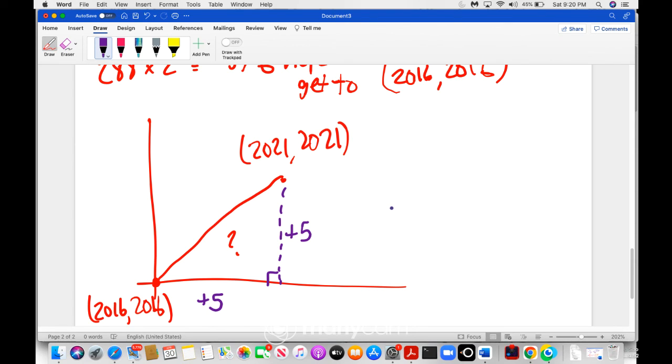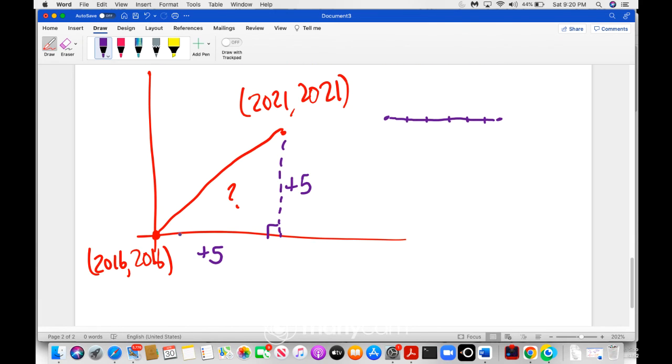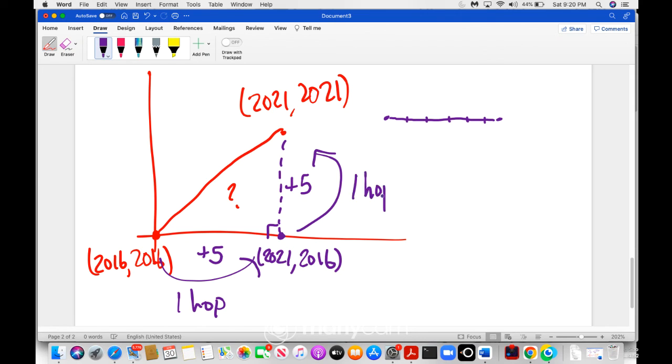But if each hop has to have a distance of 5, and we know that the distance along a one-dimensional line segment, that is horizontal or vertical, is simply the number of units, and since this is 5 units, hopping from this coordinate to this coordinate, which is technically 2021, that'll take a hop. And then if I'm here, this distance has to be the same because we're along the line y equals x. So this hop will take us to our end goal of 2021.